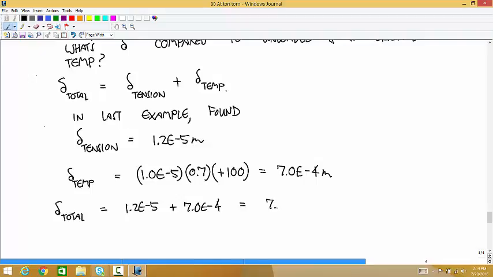So that's 7.12 times 10 to the minus 4 meters. Any questions about that one?